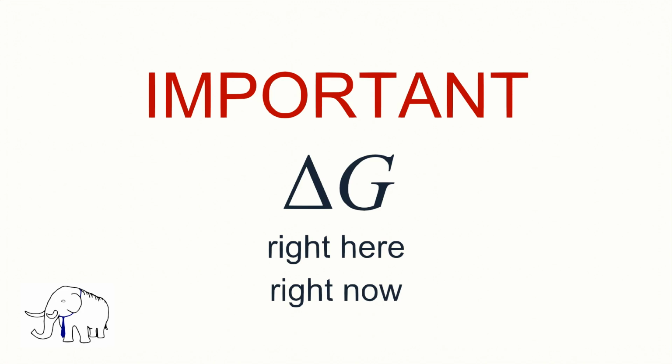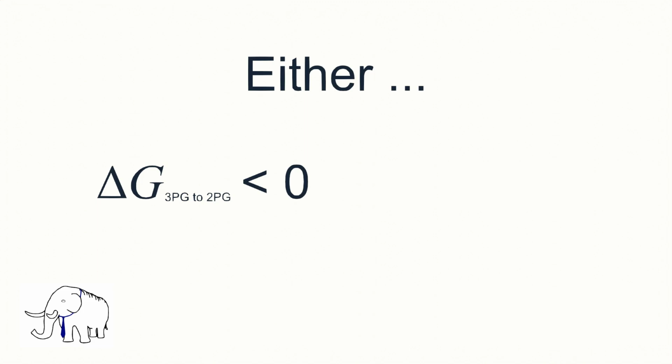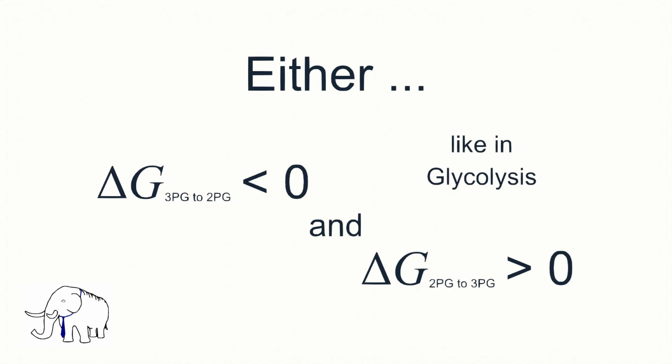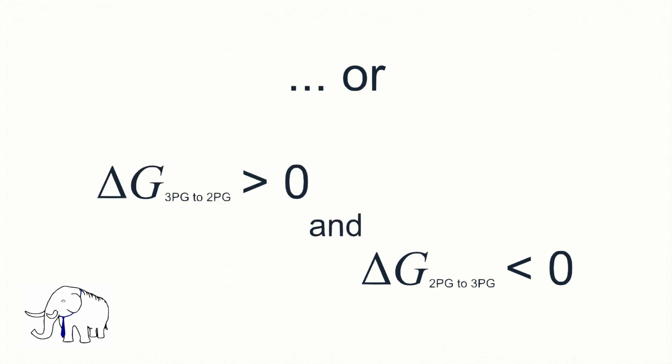Some set of conditions makes the reaction 3-phosphoglycerate to 2-phosphoglycerate have a negative delta G. And under that set of conditions, 2-phosphoglycerate to 3-phosphoglycerate will have a positive delta G. Some other set of conditions makes the reaction 2-phosphoglycerate to 3-phosphoglycerate have a negative delta G, and under that set of conditions, 3-phosphoglycerate to 2-phosphoglycerate has a positive delta G.